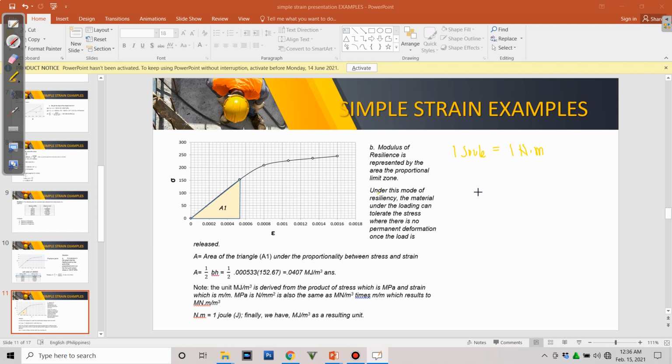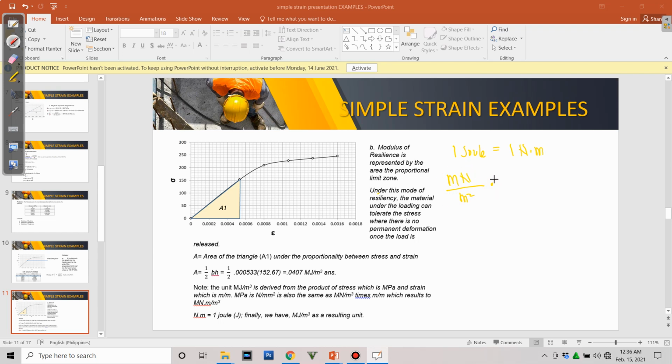Observe that we are actually multiplying here the stress and the strain. The stress is in mega Newton per square meter, or megapascals.